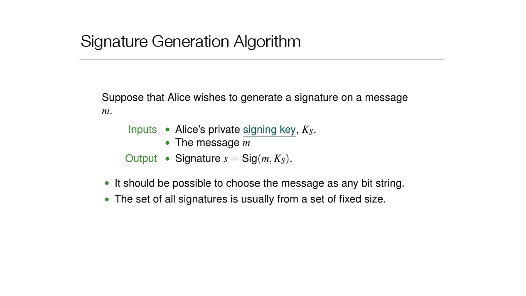So it should be possible to choose the message as any bit string or any document. The set of all signatures is usually from a set of fixed size. So the signature is not going to be arbitrarily long. It should be of fixed size, not too long.